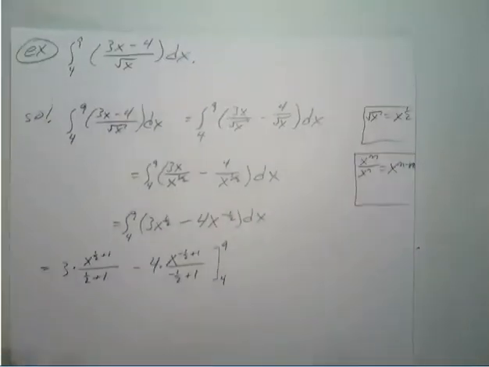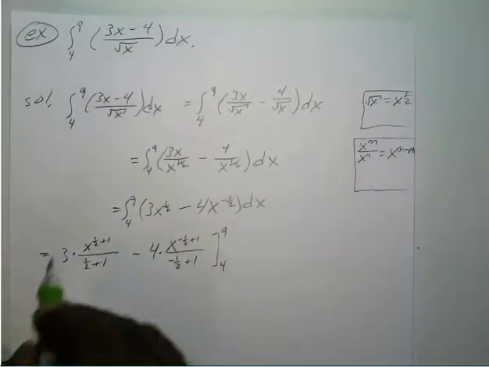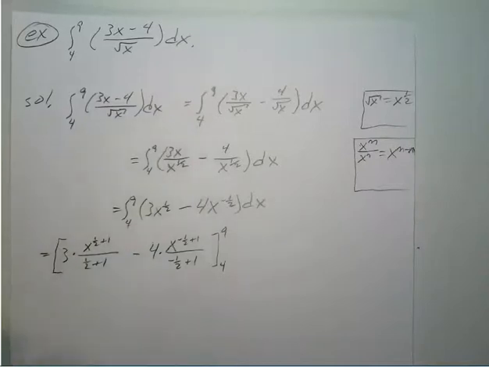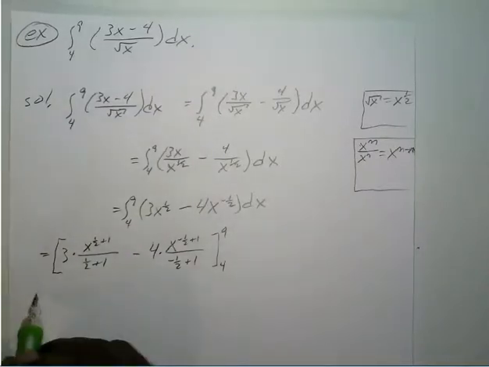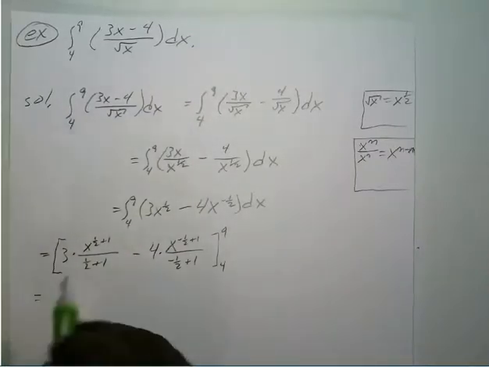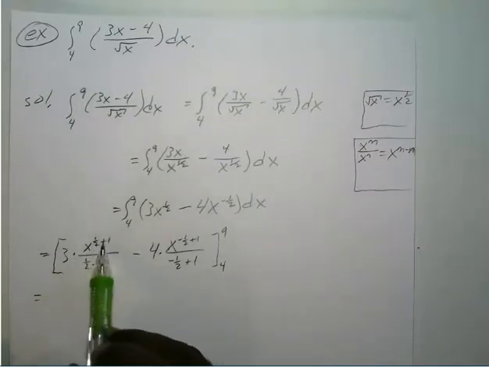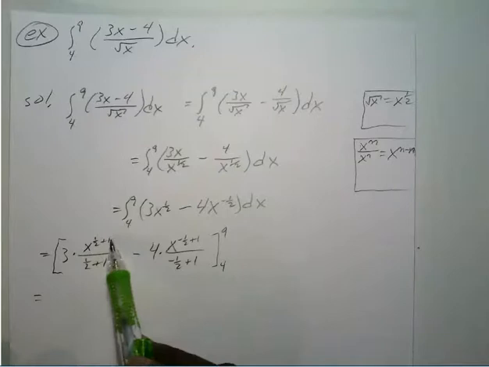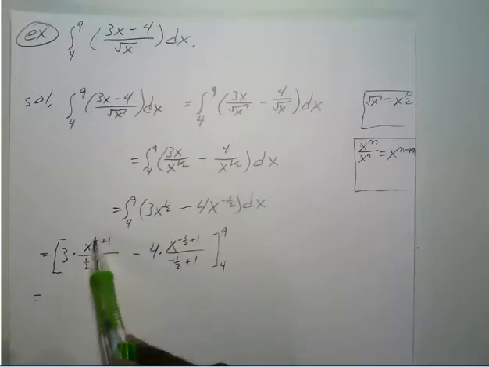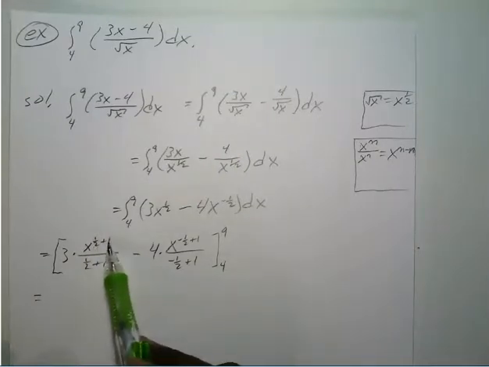All right, so let's go ahead and simplify those terms a little bit. You can put double brackets if you like. Okay, so that's 3 times, you have x to the 1/2 plus 1. If we make that 1 equal to 2 over 2, you have 1 over 2 plus 2 over 2, which is 3 over 2.